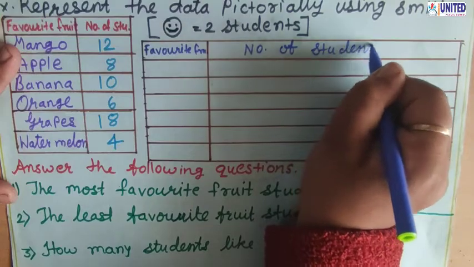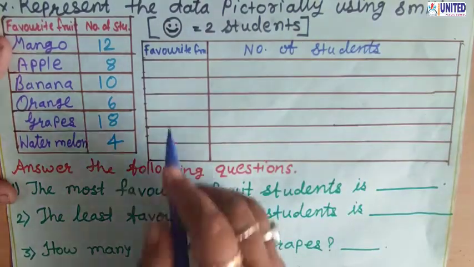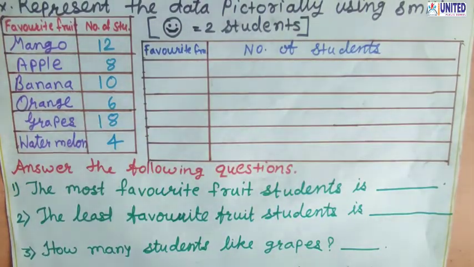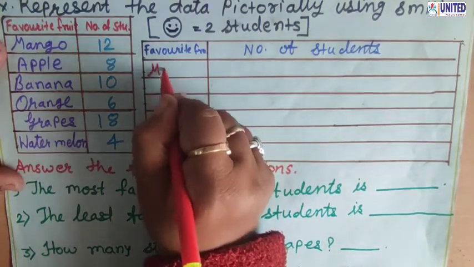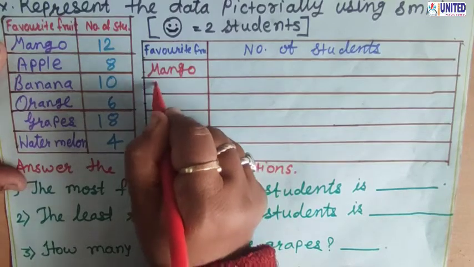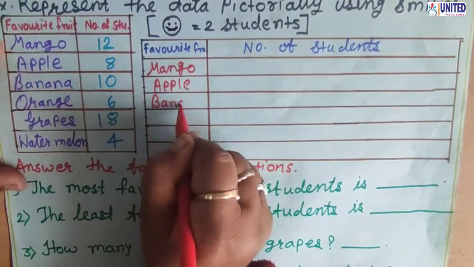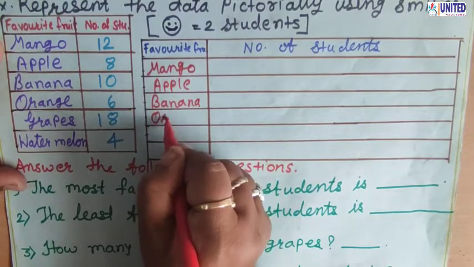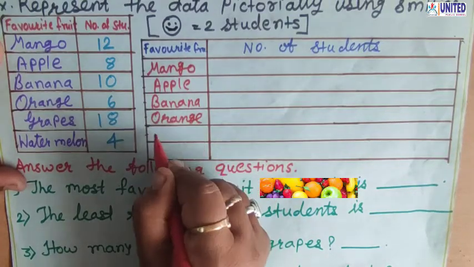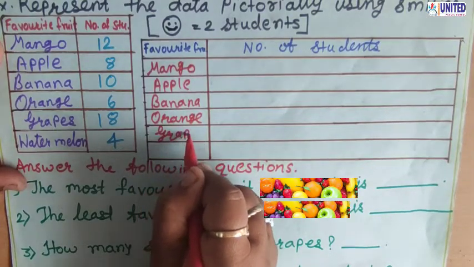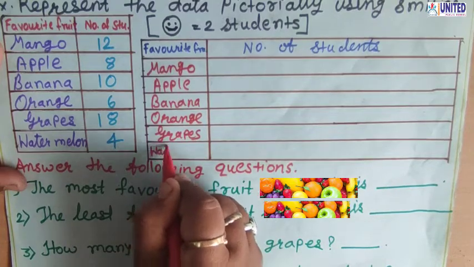Now write down the names of the fruits: mango, apple, banana, orange, grapes, and watermelon.